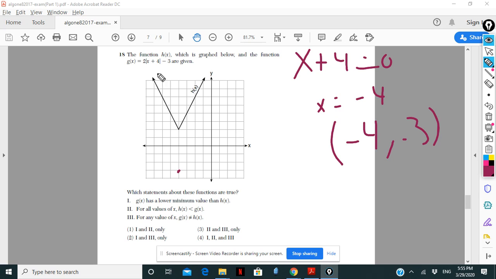So when it's 0, 8, 8 minus 3 is 5. 1, 2, 3, 4, 5. When it's 2, 6. One is negative 1, 3, 6, 3. And you have to connect the line.